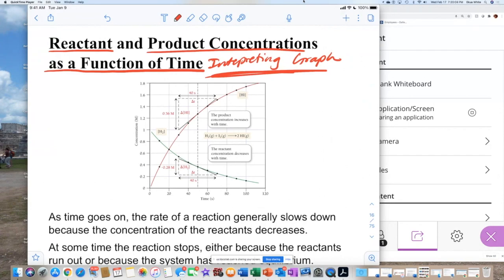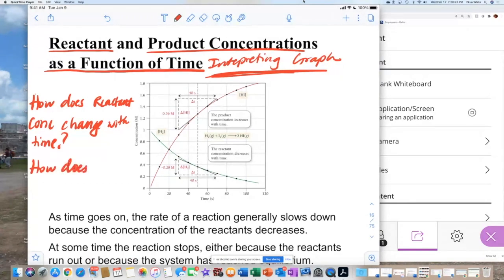How is the product concentration changing with time? So as we look at this graph, our focus is to answer those two questions. How does reactant concentration change with time? And we're doing the same thing for the product. How does product concentration change with time?